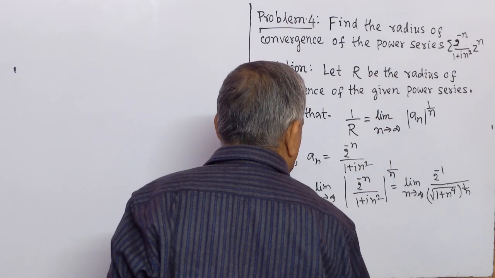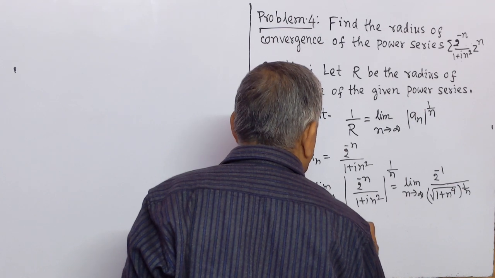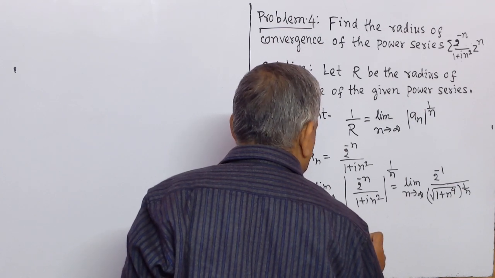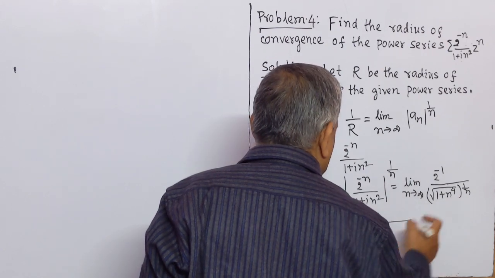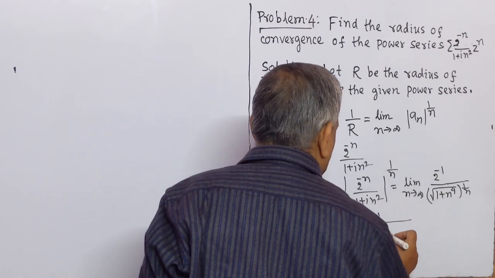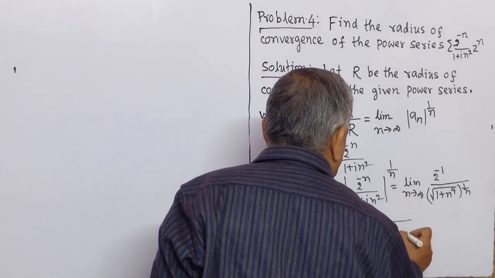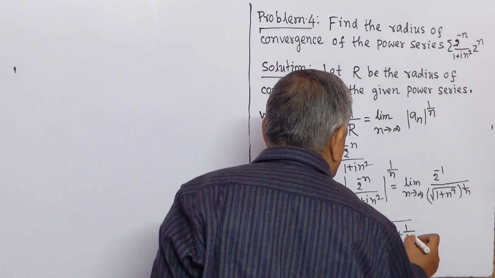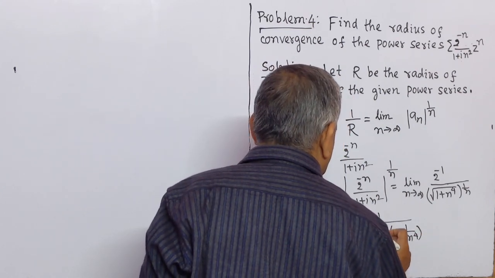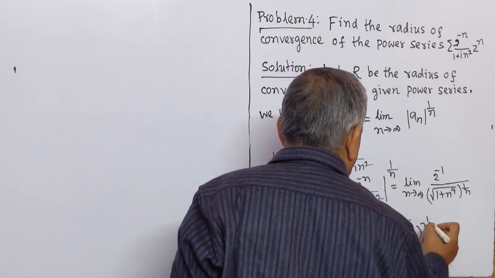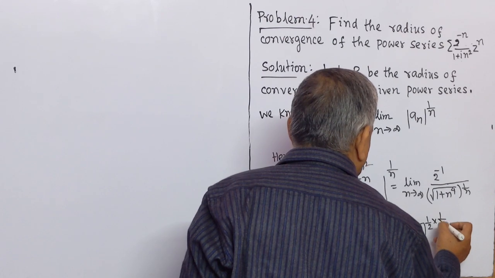This will be equal to, here 2 to the power minus 1 is 1 by 2 limit n tends to infinity. Here we take common n to the power 4, 1 plus 1 by n to the power 4, here to the power half. Square root means half. Multiply 1 by n.